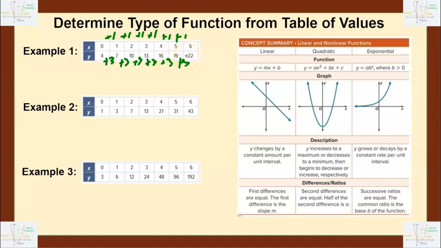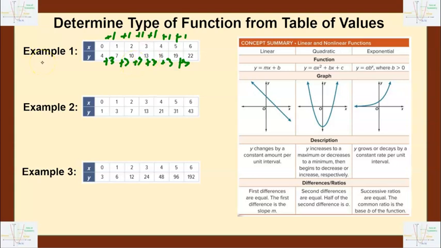Now, if I were going to do the first difference, I would just take 7 minus 4 is 3, 10 minus 7 is 3, 13 minus 10 is 3, 16 minus 13 is 3, 19 minus 16 is 3, and 22 minus 19 is 3. So the first differences are equal to each other. So my slope is going to be 3.